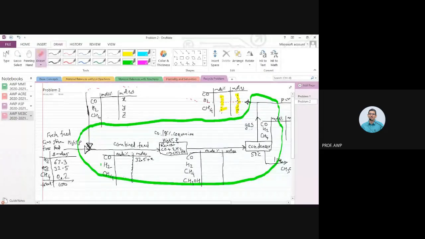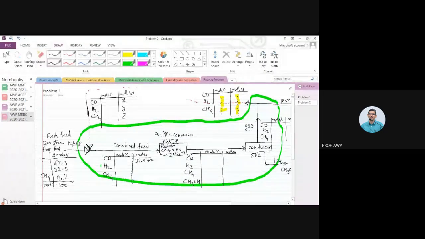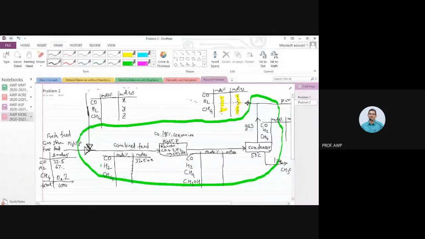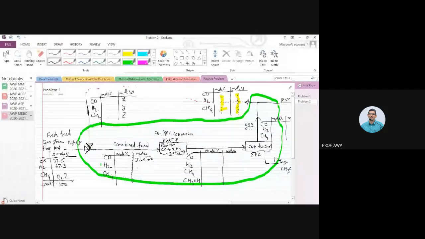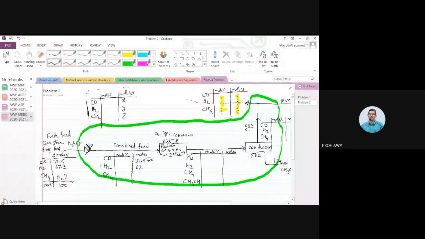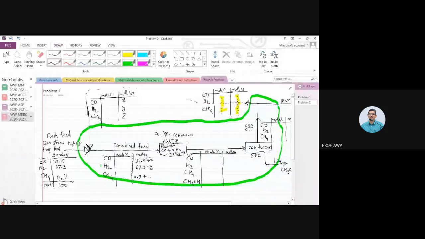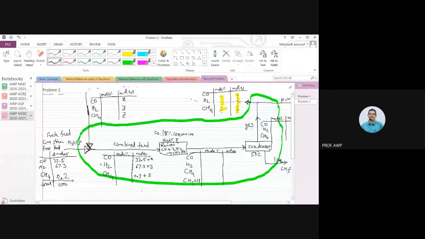I better switch this around. I better say this is carbon monoxide 32.5, hydrogen 67.3. Hydrogen, I can immediately say is 67.3 plus Y. Methane, I can immediately say it is 0.2 plus Z. Do you agree with that?